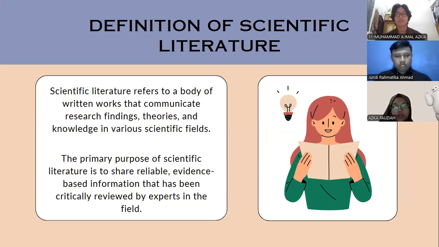The primary purpose of scientific literature is to share reliable, evidence-based information that has been critically reviewed by experts in the field. It includes various types of publications such as research articles, review articles, conference papers, and case studies, contributing to our understanding of specific scientific questions or problems.